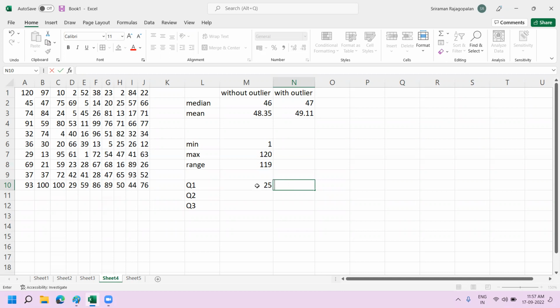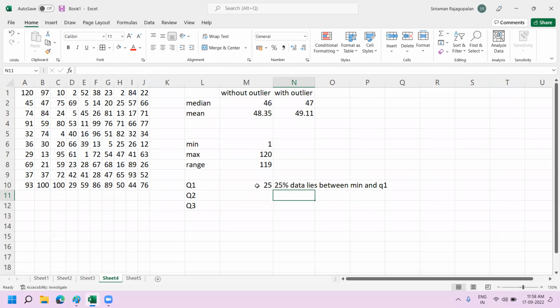So this 25 represents, it's a distraction. So 25% data lies between what and what? Between the minimum and Q1. Okay. So the minimum can be 0, it can be 1, it can be any number.